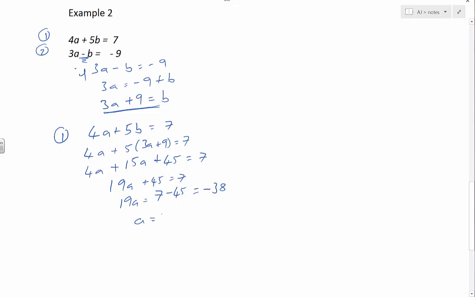And so a is negative 38 divided by 19, which is negative 2. And the original constraint was that b is 3a plus 9. If a is negative 2, then 3a is negative 6. So b is negative 6 plus 9, which is 3. So the solution is a equals negative 2, b equals 3.